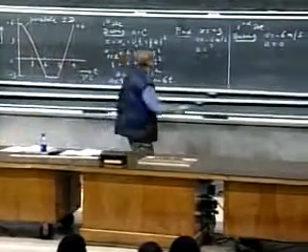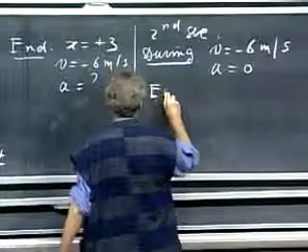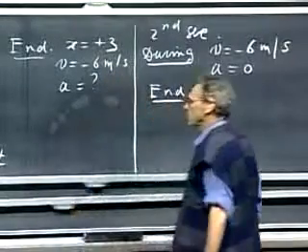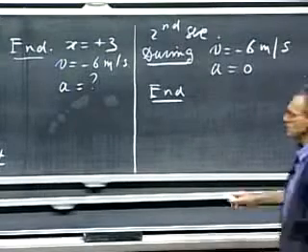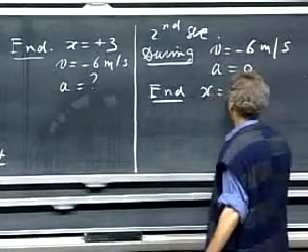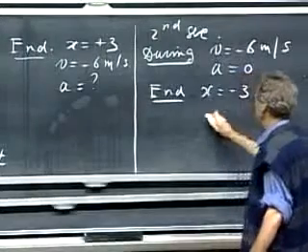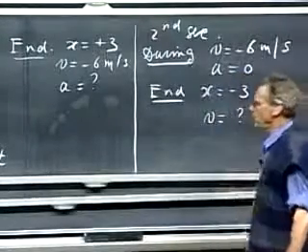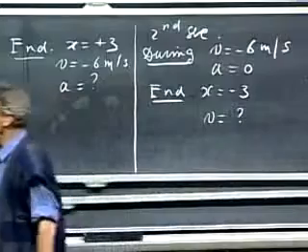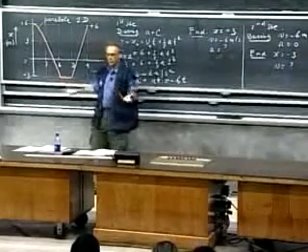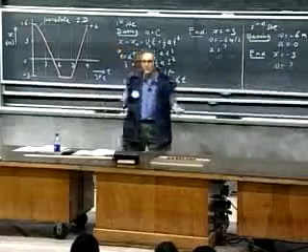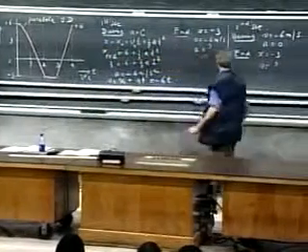And what is the situation at the end of the second second? At the end, I know that x equals minus 3. What is the velocity? I don't know. Because it changes abruptly here from minus 6 to 0. So I don't know exactly what it is at that point. It's a non-physical thing. It's a very abrupt change.